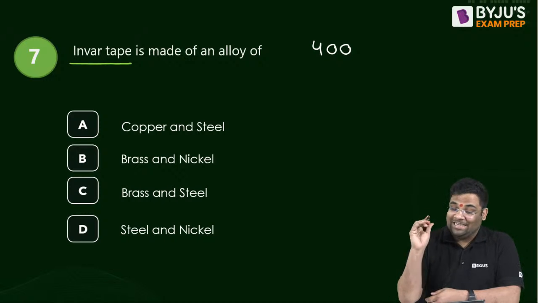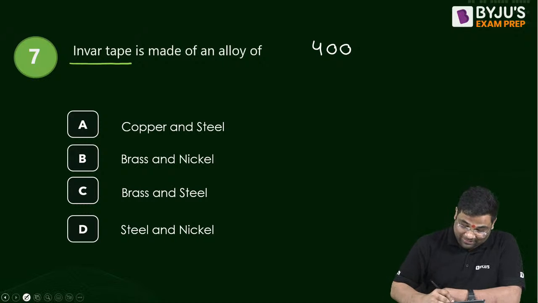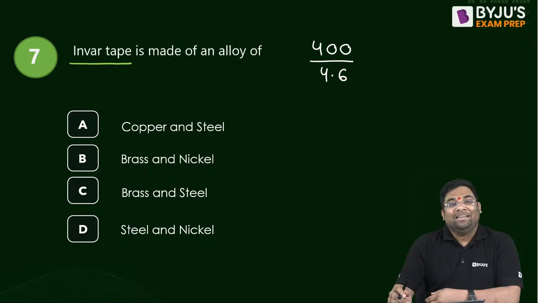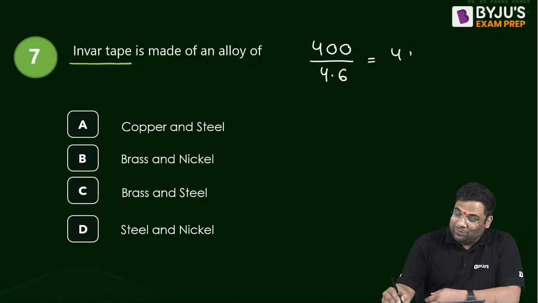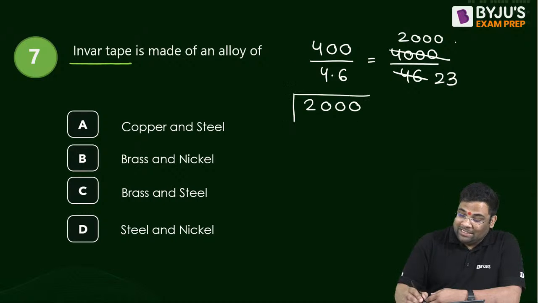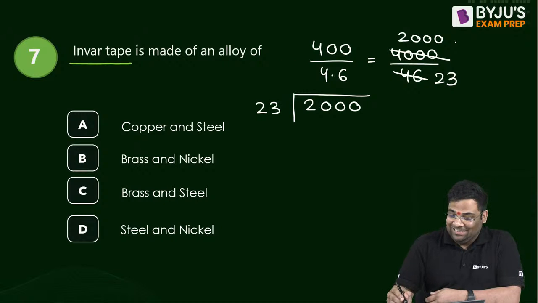Sachin is asking how to solve without a calculator. 400 by 4.6. Can't we do this without a calculator? What is so tough without a calculator? See, why is this problem happening? Because we are over dependent on the calculator. We have forgotten addition, subtraction, multiplication, all those things.